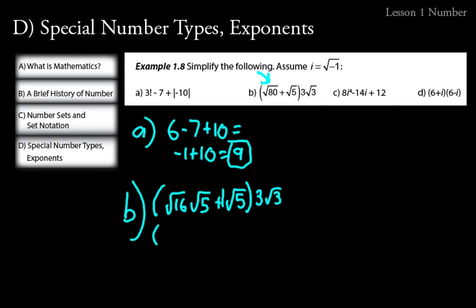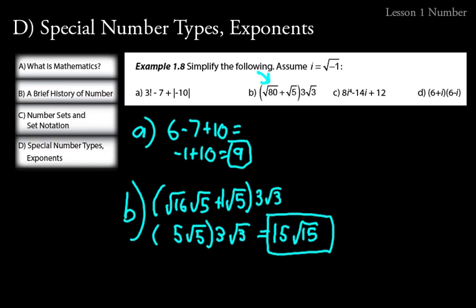So what we really have there is 4 square root 5 plus 1 square root 5 is 5 square root 5. Parentheses means times 3 square root 3. So multiply the two numbers together. 5 times 3 is 15. Multiply what's inside the square root sign. Square root 5 times square root 3 is square root 15. We can't simplify that anymore, so that is our answer.